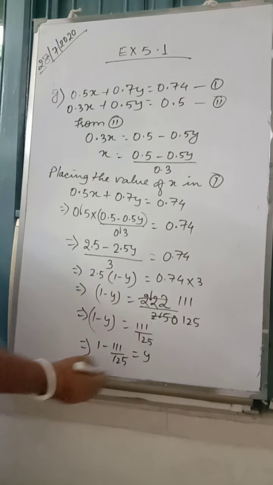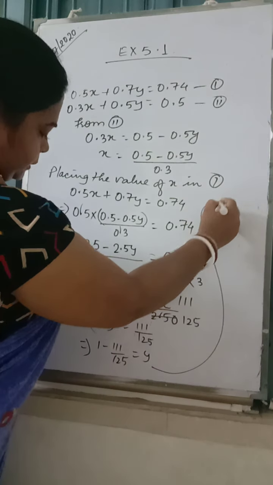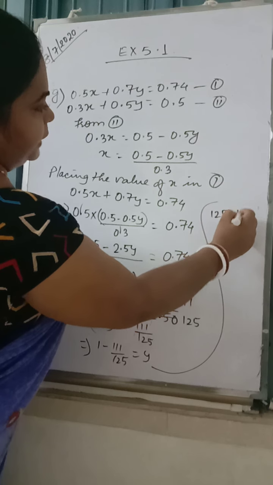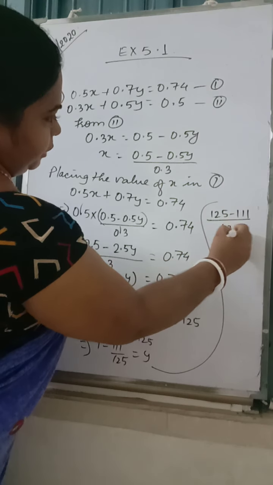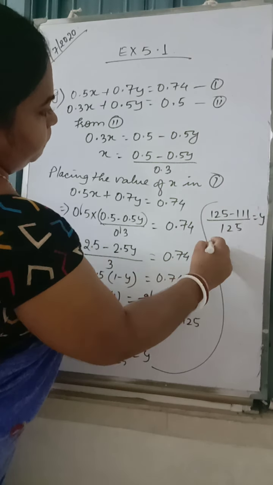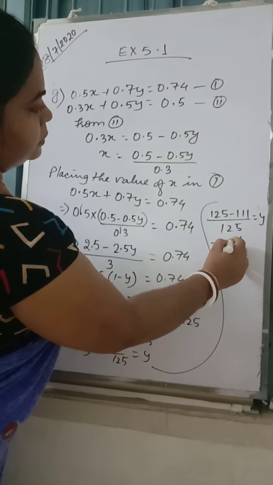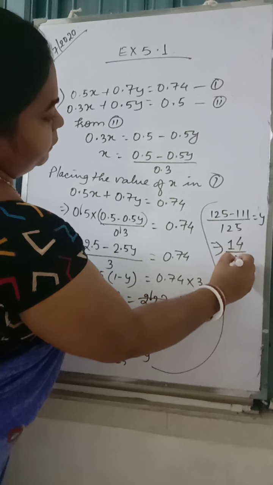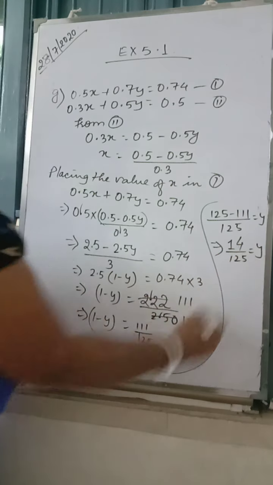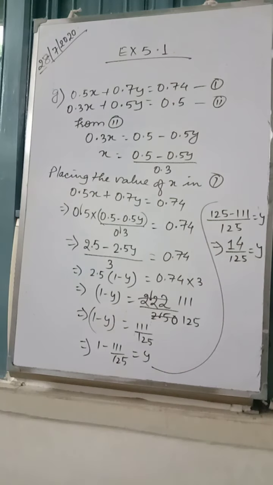Or it gives you 125 minus 111 by 125 is equal to y. 14 by 125 is the value of y. Once the value of y is found, we can derive the value of x.